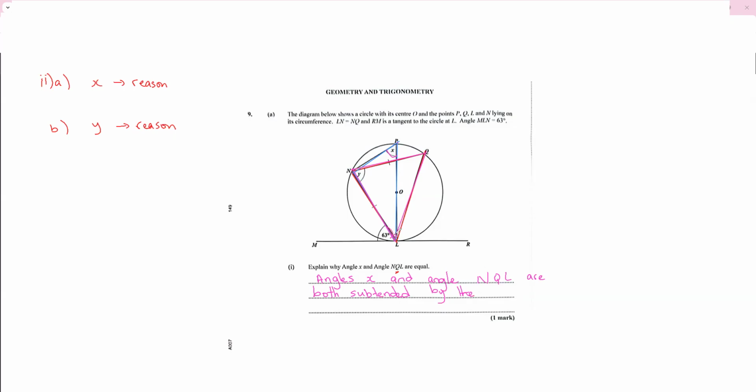So this is the chord here. So by the chord NL, right? If you are not familiar with all of the various terms and it's not sticking, explain it in simplest terms. The angles at P and at Q, they are both forming triangles which sit on the chord NL.